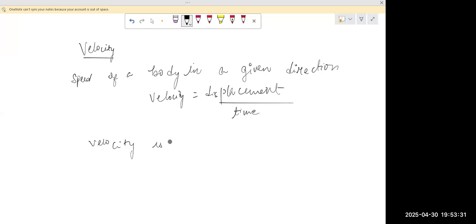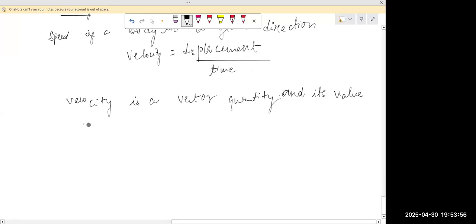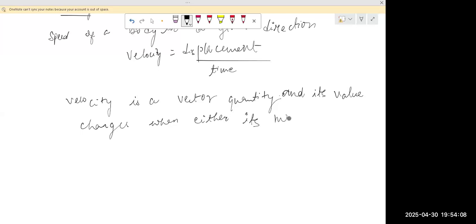Velocity is a vector quantity and its value changes when either its magnitude or its direction changes.